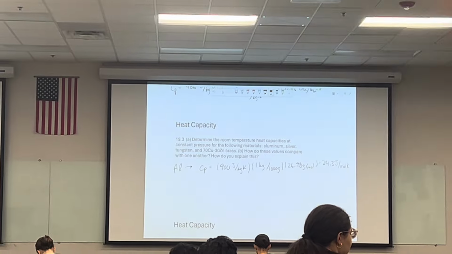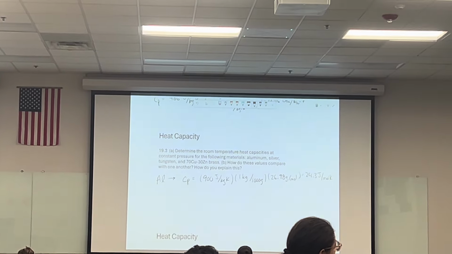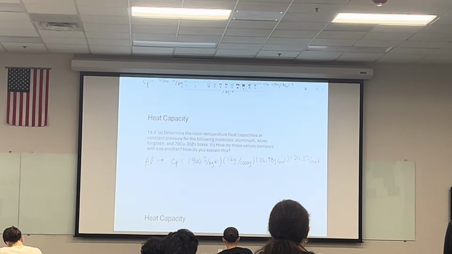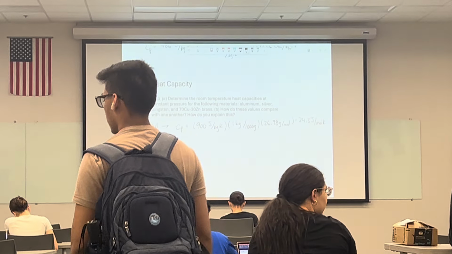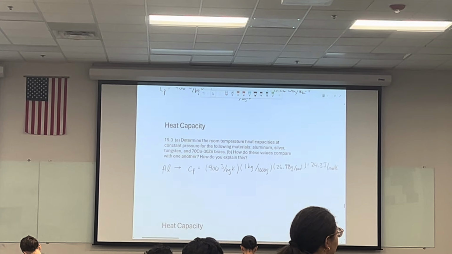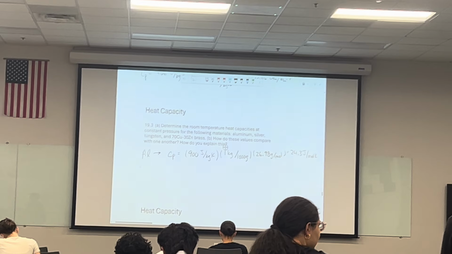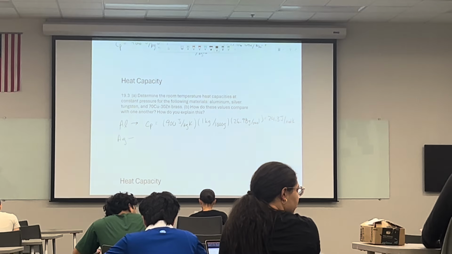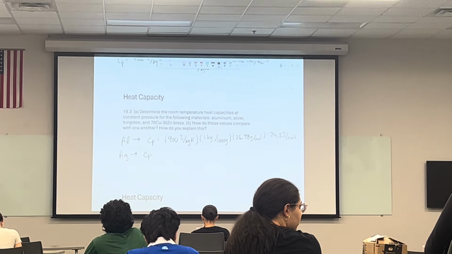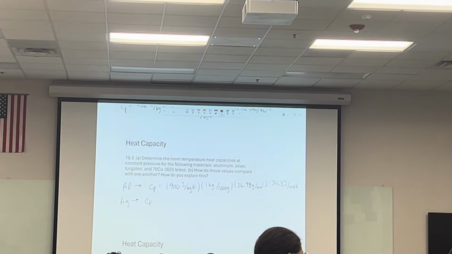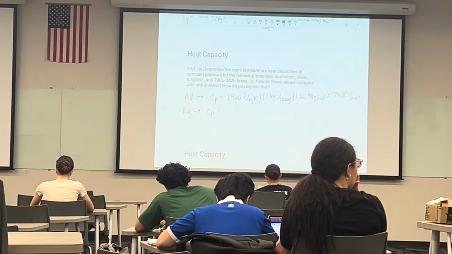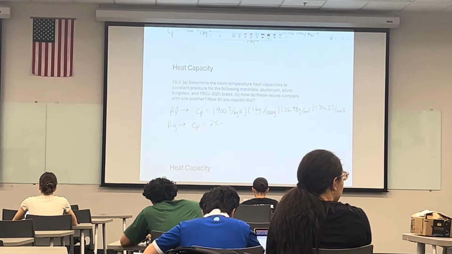So now that we know how to do this, filling all that information in with silver, we should end up with a CP of 5.4.